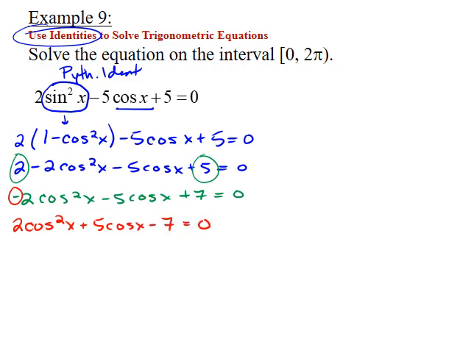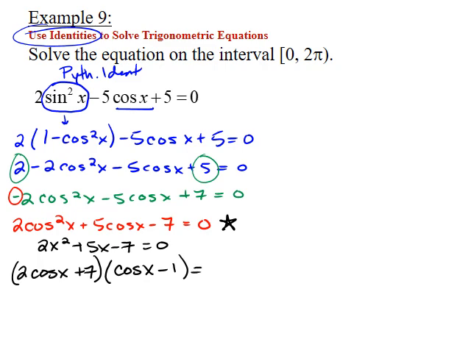And here I can see that now I have all the same trig functions. So I can think of this as 2x squared plus 5x minus 7, and I can factor that. So if I factor this, maybe pause it and see if you can do it, I get 2 cosine of x plus 7 times cosine of x minus 1.